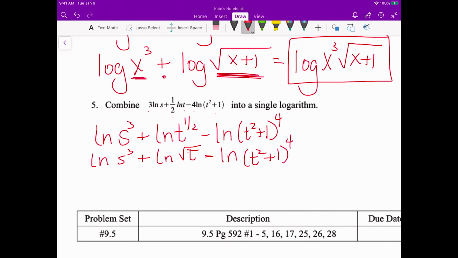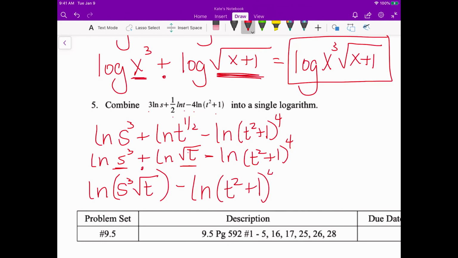From here, I just move left to right. So I have addition first, so that means I'm going to multiply s to the third and the square root of t. So we'll end up with the natural log of s to the third times the square root of t minus the natural log of t squared plus 1 to the 4th.